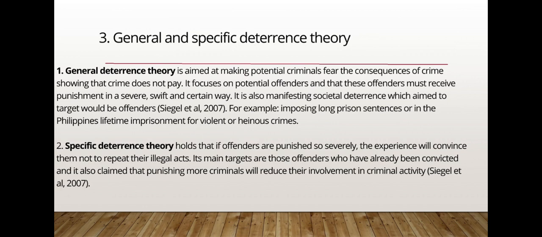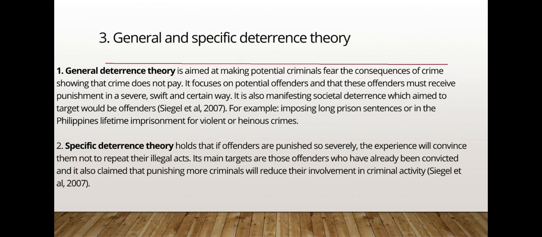For example, sa isang community, sa isang barangay. Sabi sa isang barangay, bawal magtapon ng basura sa gilid ng sapa. Ngayon, sa kaukulang punishment, kapag sino daw yung mga nagtapon is merong multa na 500. Ngayon, yung multa na 500 is tinatawag natin siyang general deterrence. Bakit? Sa pagkakaroon ng multa, nape-prevent niya yung mga tao na magtapon ng basura sa gilid ng kalsada.